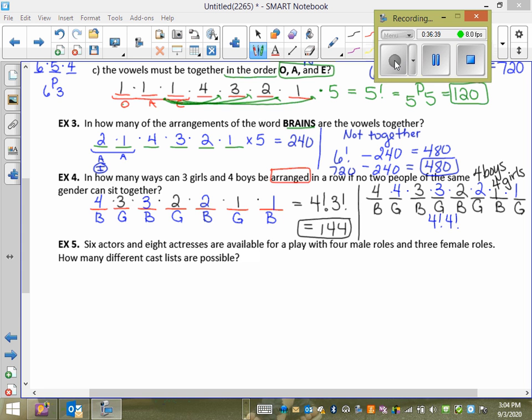But could I not go girl, boy, girl, boy, girl, boy, girl, boy, and it look different? Yeah. What numbers would you get for that? 4 factorial and 4 factorial, wouldn't you? So what do you have to do with the answer most of you got? Times it by 2. Because you have this situation as well.